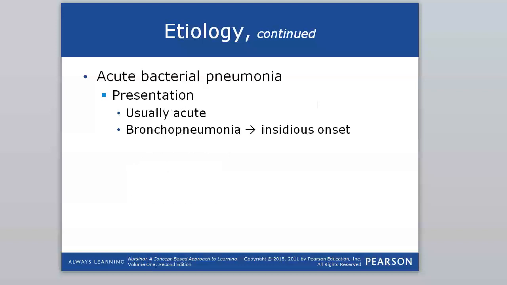Acute bacterial pneumonia, usually acute, which has an insidious onset, which means that it begins to happen gradually or very subtly, but unfortunately presents with harmful effects.